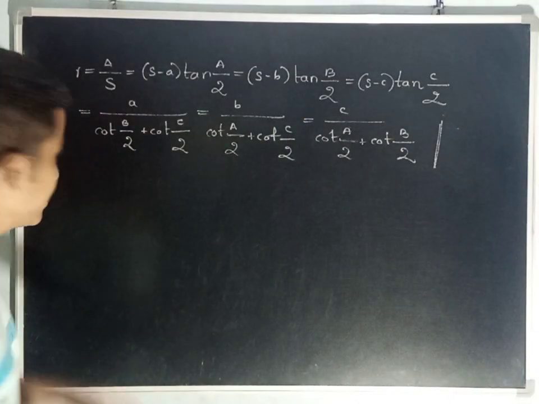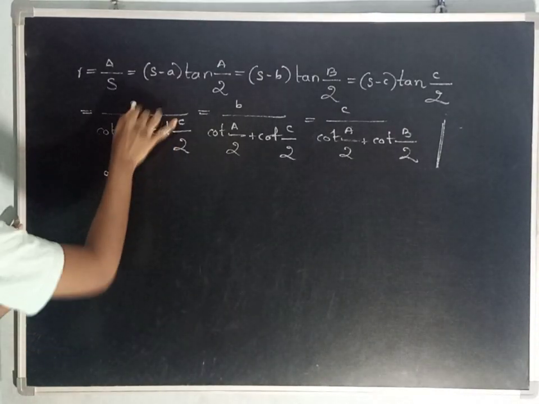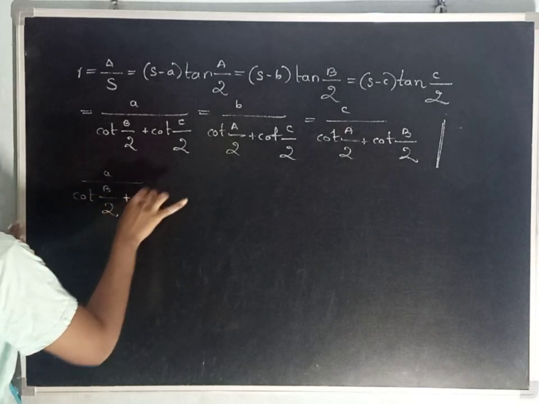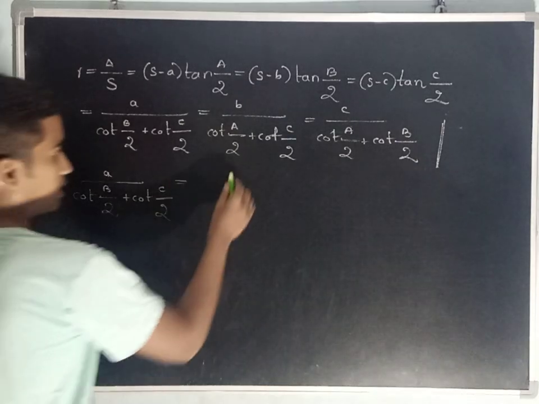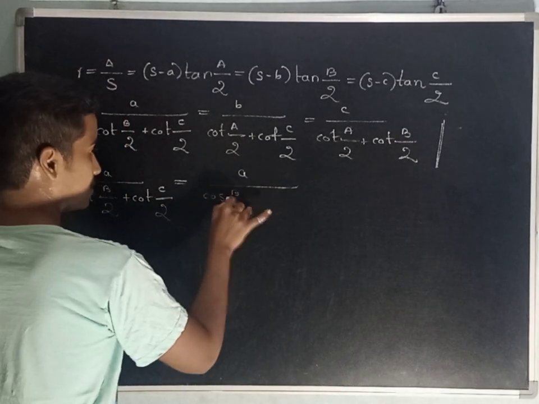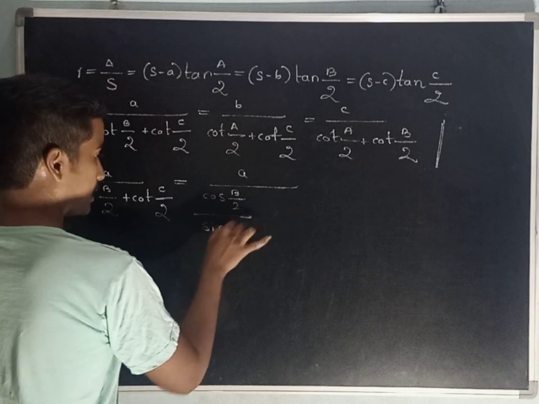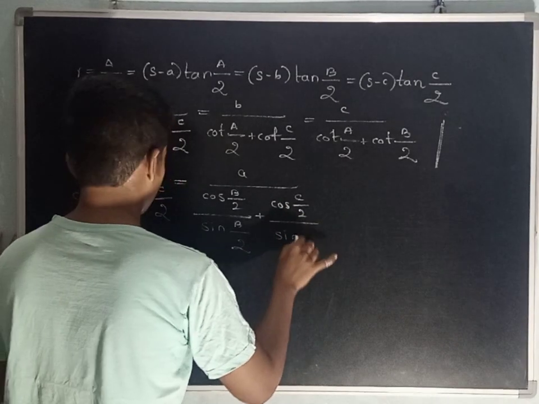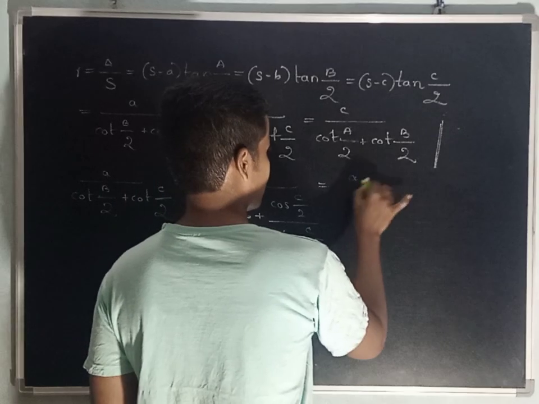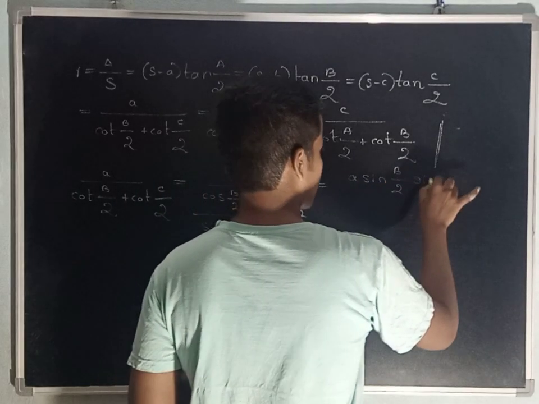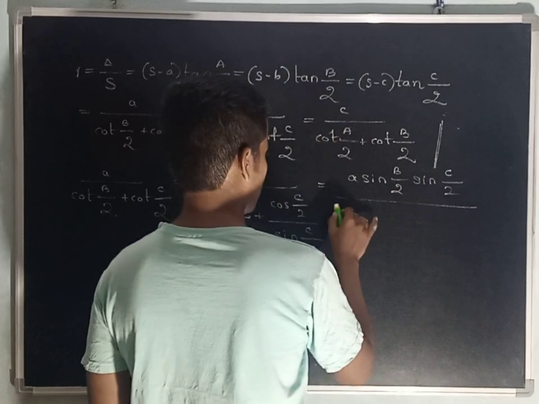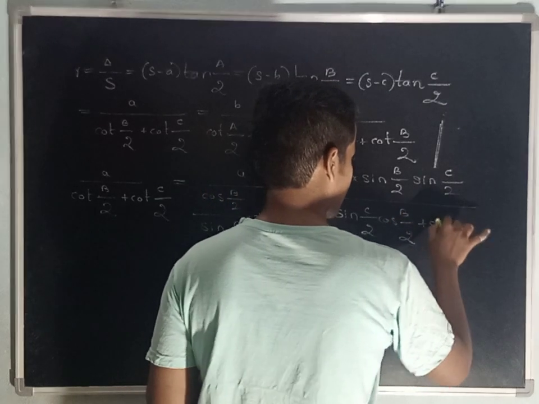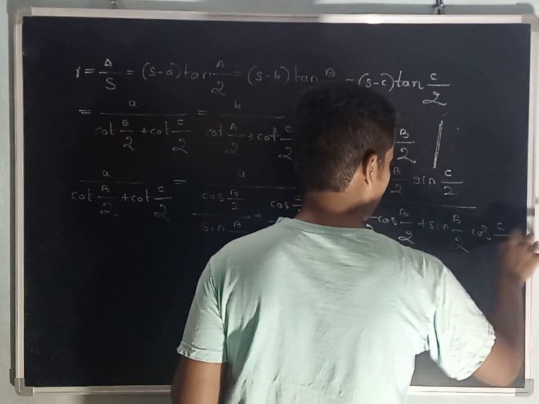Now let me simplify this part. a/(cot B/2 + cot C/2) = a/(cos B/2 / sin B/2 + cos C/2 / sin C/2) = a sin B/2 sin C/2 / (sin C/2 cos B/2 + sin B/2 cos C/2).